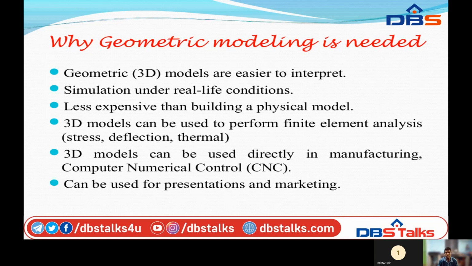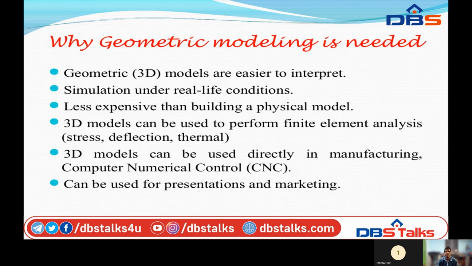Next, why is geometrical modeling needed? Why do we prefer geometrical models? Because 3D models are very easy to interpret. Interpret means easy to use or represent. Next, they are less expensive than building a physical model.